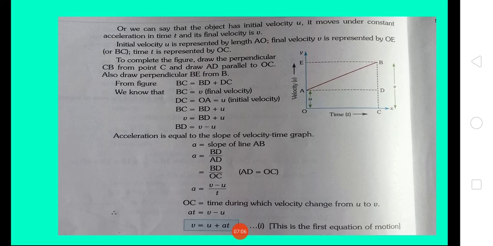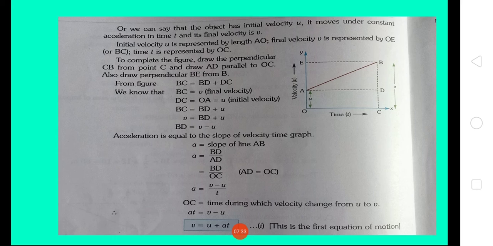Now as I told you earlier, for deriving the first equation of motion, we are going to calculate the acceleration, and acceleration is equal to the slope of the velocity time graph. So acceleration, which is represented by A, is equal to slope of the line AB, which is BD by AD.